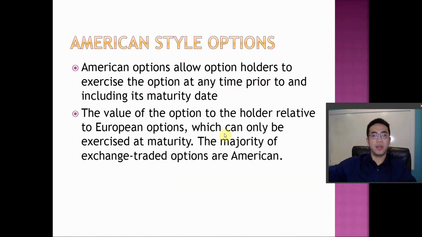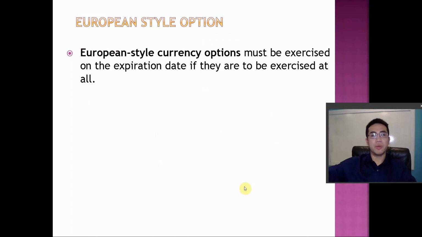And the value of the option to holders is greater relative to European options, which can only be exercised at maturity, and the majority of the exchange traded options are American style.